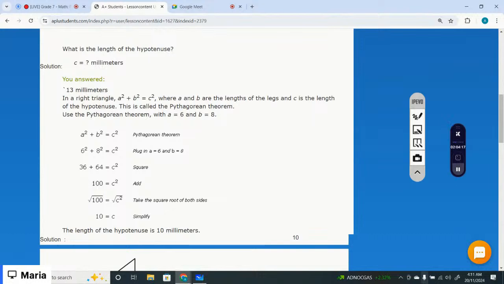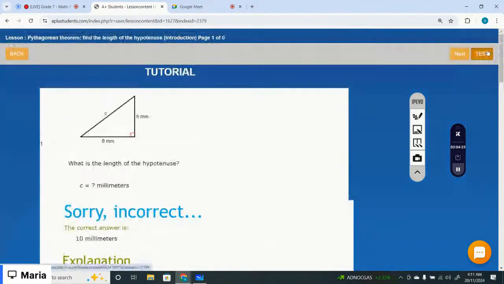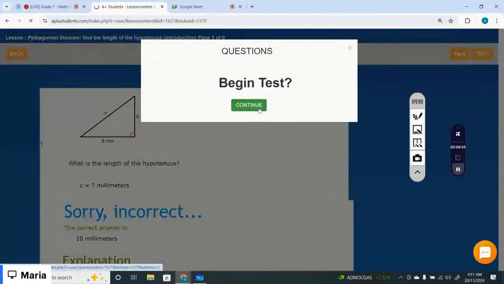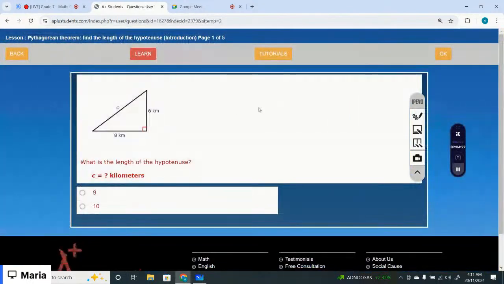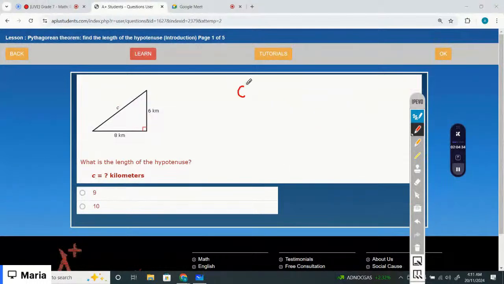Let's just start with the test questions. Okay, so what is the length of the hypotenuse? So you have to use the Pythagorean theorem, that is c square equals a square plus b square. This is a, this is b, so that is 6 square plus 8 square.